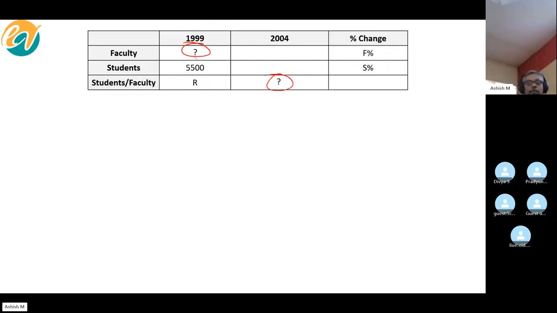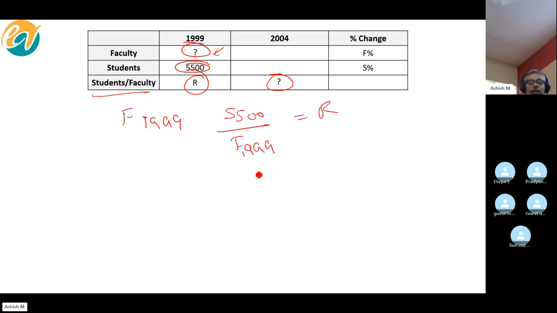Now, this is easy, right? Let's say this is faculty in 1999. Students per faculty would be the total number of students divided by total number of faculty, which is given as R. So total number of students is 5,500 divided by faculty in 1999, which is R. So faculty in 1999 would be 5,500 by R, which is exactly the answer that you guys found out for this. Agreed?